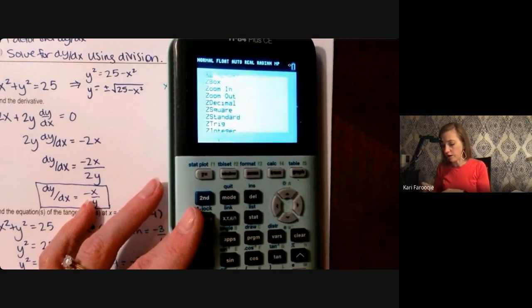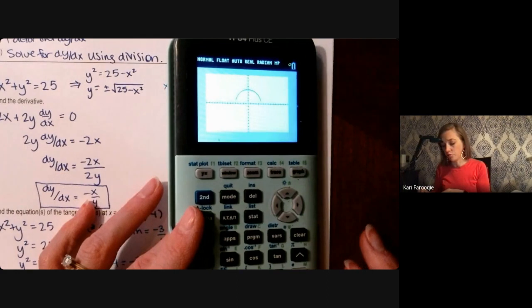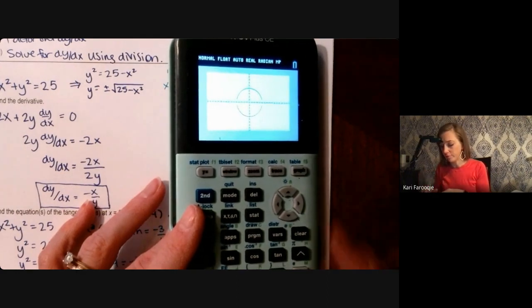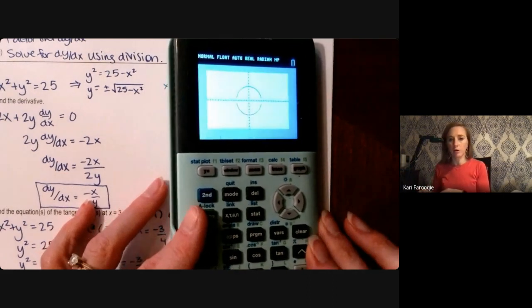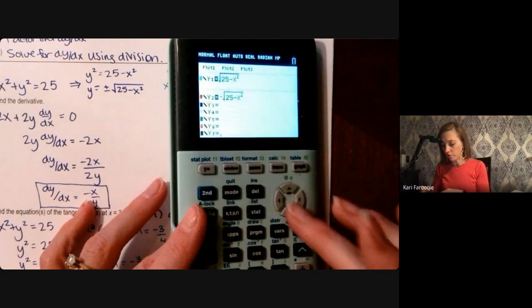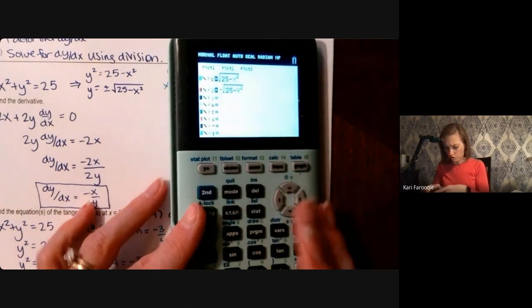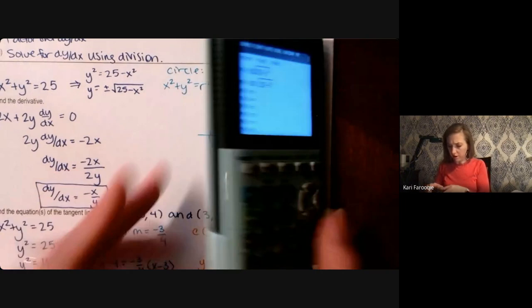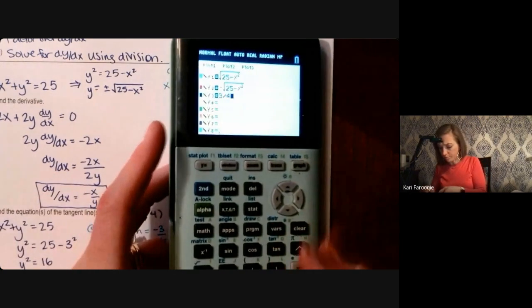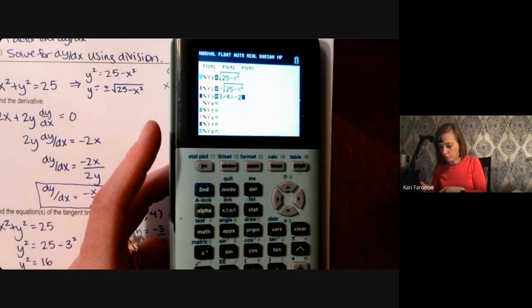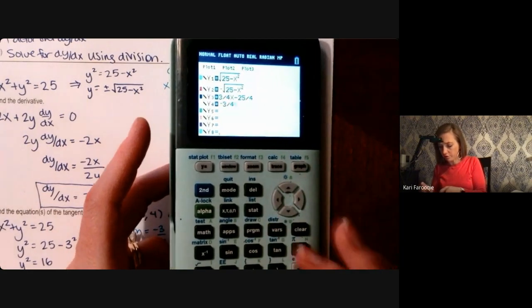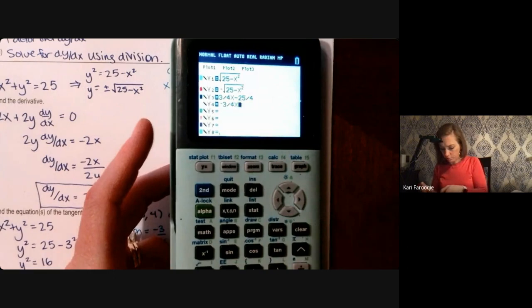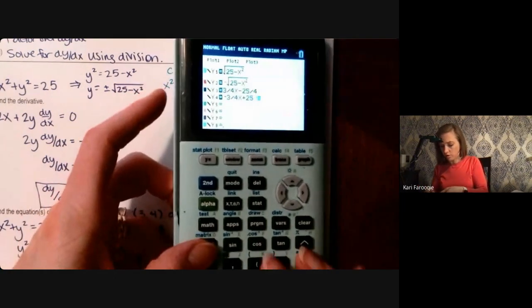If you zoom 5, it'll zoom square, which means that the tick marks are equidistant on the x and y axes. Okay, now if you enter the equations of your tangent lines, one of them was 3/4 x minus 25/4, and the other one was negative 3/4 x plus 25/4.